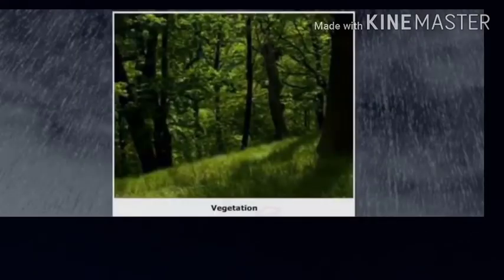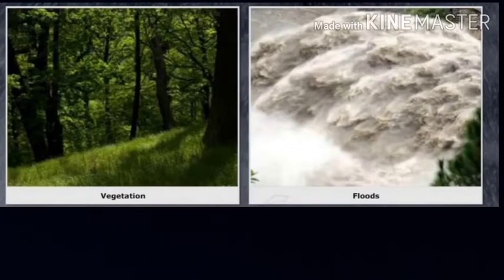Here, one thing is vegetation: trees, plants, grass, etc. These are kinds of vegetation. Vegetation prevents the overflow of rainwater and decreases the flow speed of rainwater, and that helps the rainwater to penetrate into the soil.